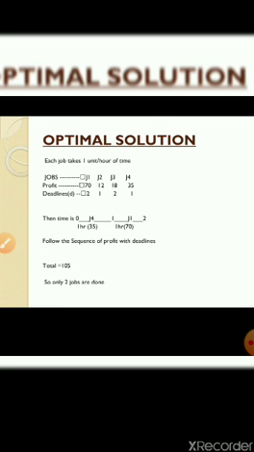Job 2, I mean person 2, gives 1 hour of deadline with profit of 12 rupees. Job 3, I mean person 3, gives 2 hours of deadline with profit of 18 rupees. Job 4, I mean person 4, gives 1 hour of deadline with profit of 35 rupees.